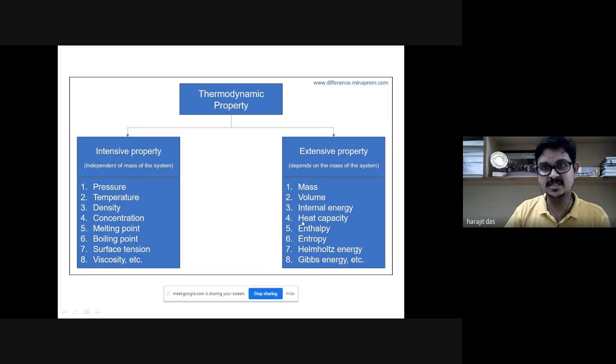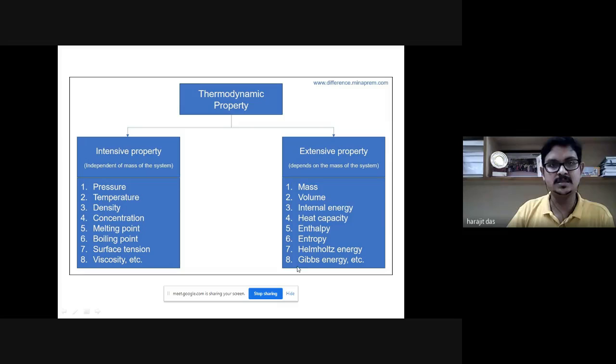Then internal energy, heat capacity. If you increase the mass of a system, the internal energy will vary. Suppose earlier the mass was x, now it is x plus y, then the volume will change. Then heat capacity, enthalpy, entropy. All these things you need to remember. These properties are dependent on mass.